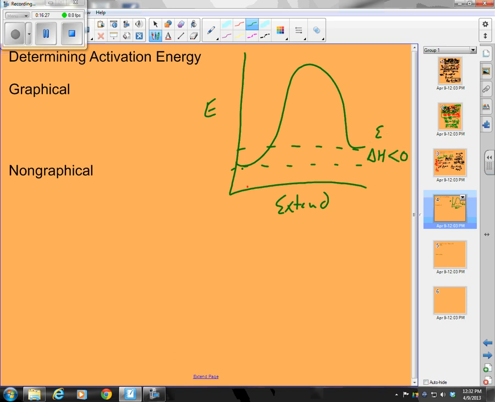That means this is exothermic, right? And the distance from where we start, always from where we start to the top, is my activation energy, right? Now, if I go in the reverse order, shoot, let me get that.